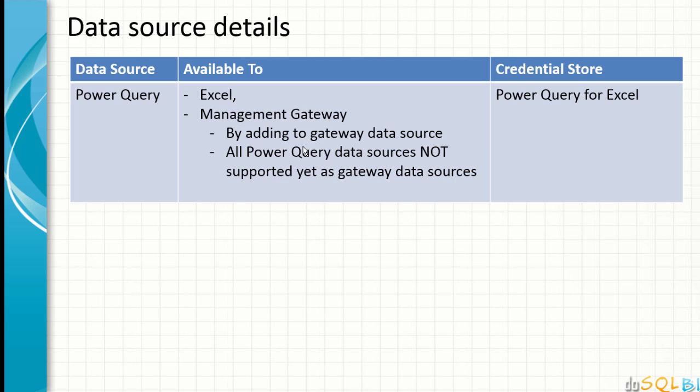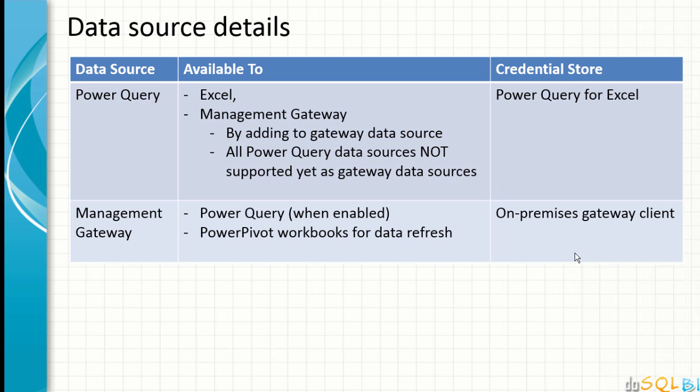Again, we need to remember that all the data sources that Power Query supports at present, all of them are not yet supported to be added as a data source in data management gateway. And if we are using Power Query data source, the credentials are stored in the Power Query for Excel.